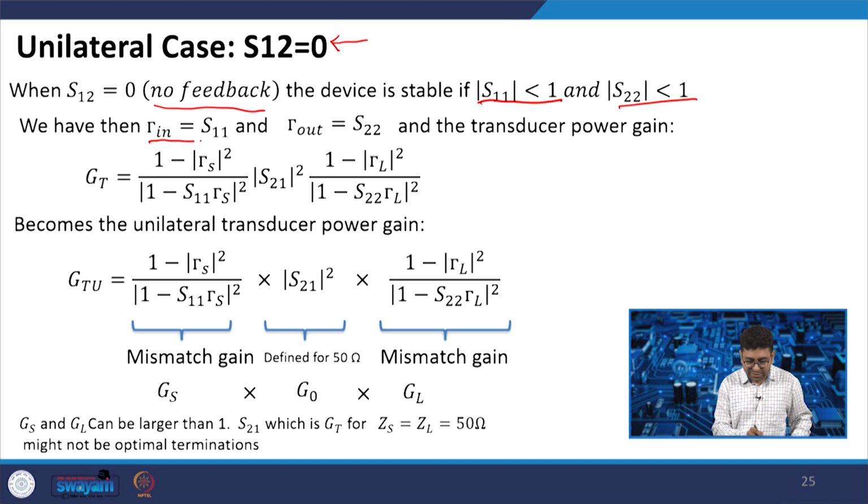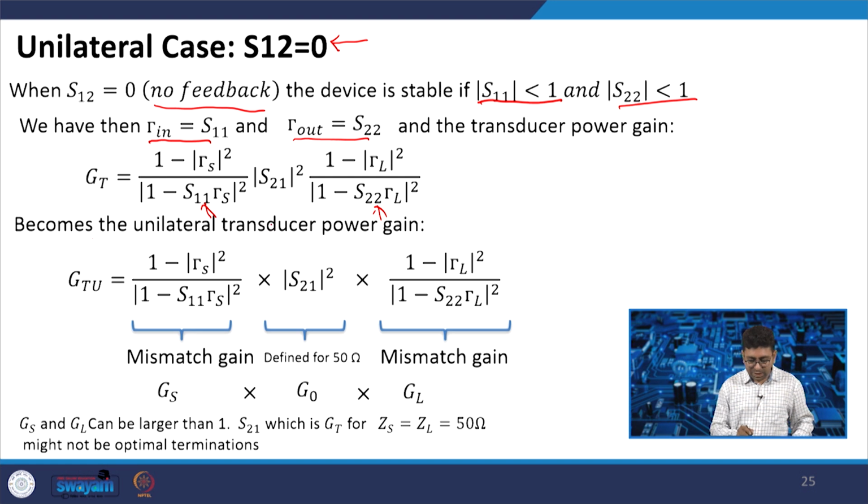So, gamma in is equal to S11, because you have considered S12 equal to 0, and gamma out is equal to S22. So, you can directly write in the GT formula 1 minus S11 gamma S squared, 1 minus S22 gamma L squared.